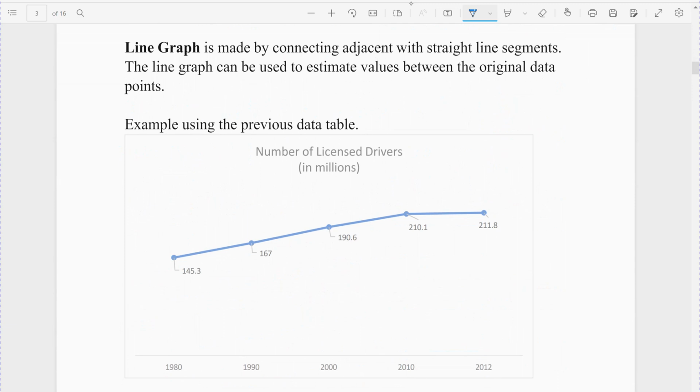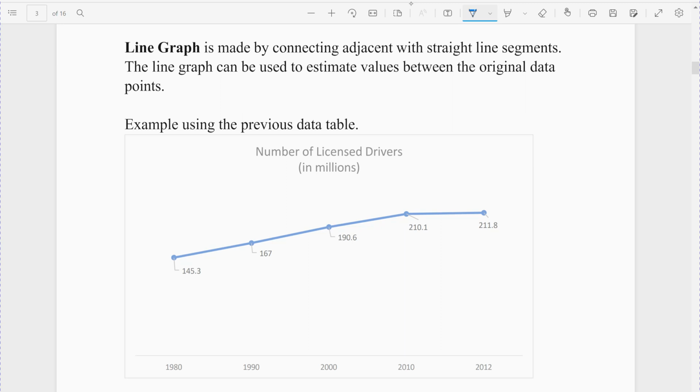A line graph is when we connect the adjacent dots using straight line segments. So between each dot, we draw a straight line, from point 1 to point 2, point 2 to point 3, and so on. Using the previous table for the number of driver's licenses, there are my points for each year that we've plotted, representing the millions of driver's licenses.